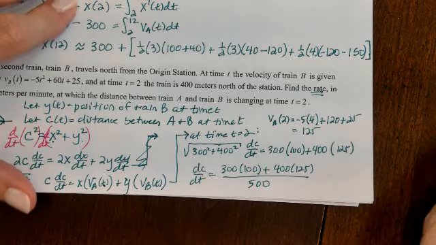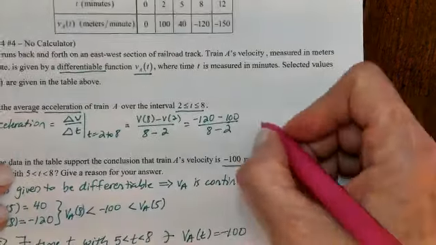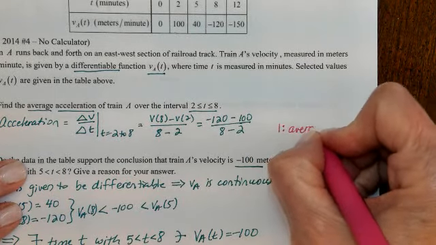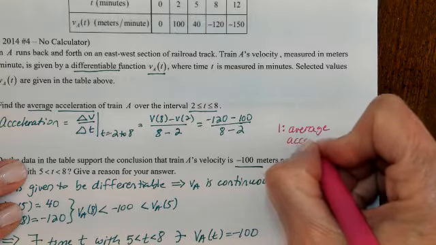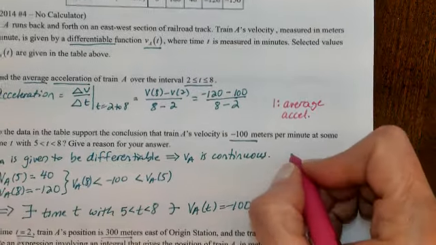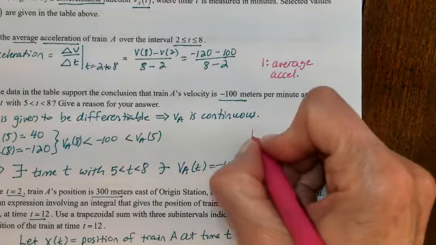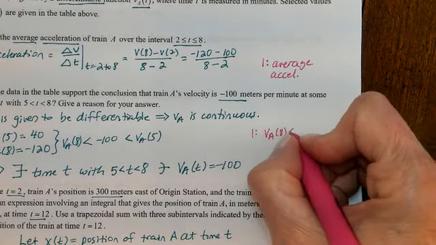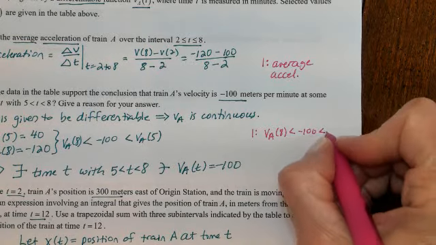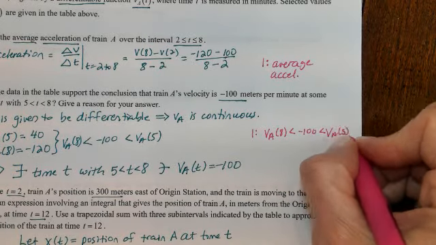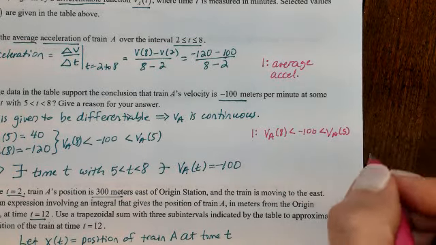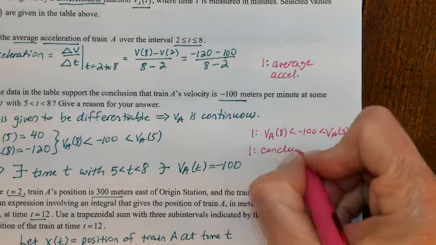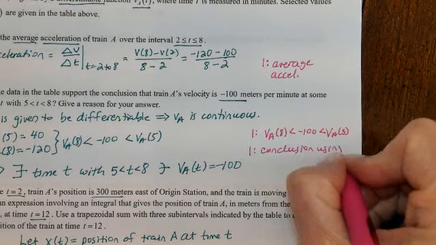Let's look at how this was scored. In part A, the average acceleration was worth 1 point. Part B was worth 2 points: 1 point for stating that negative 100 was between the two velocities at time 8 and time 5, and then 1 point for your conclusion using IVT.